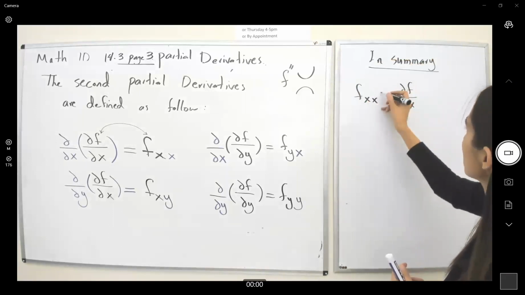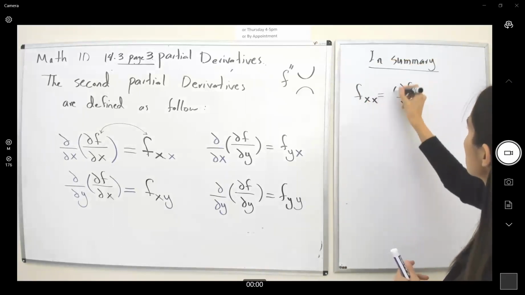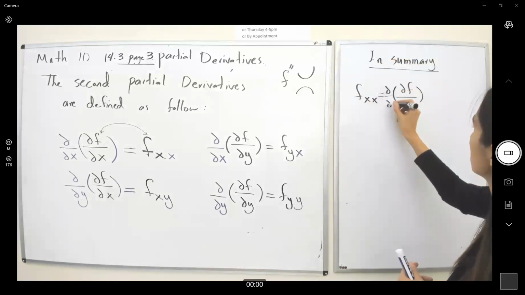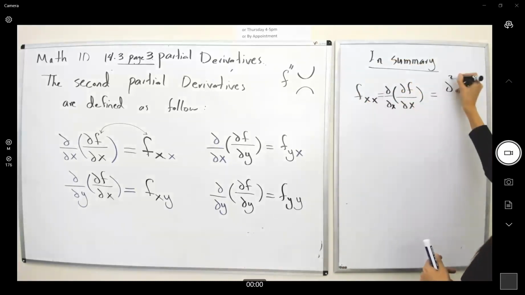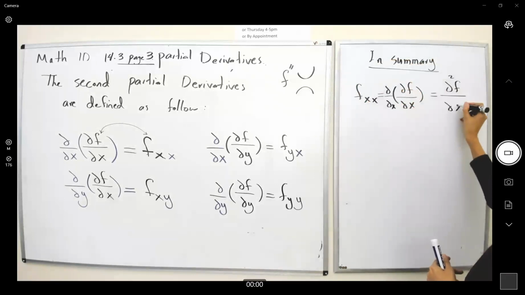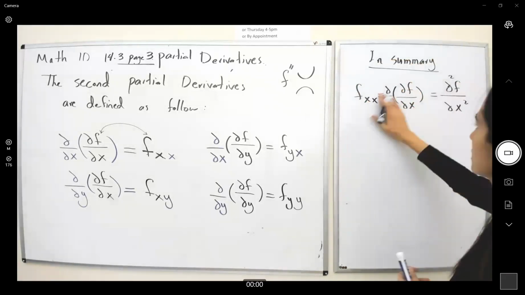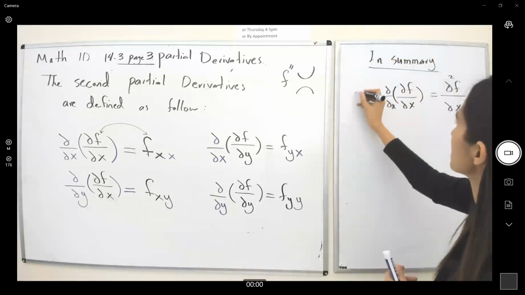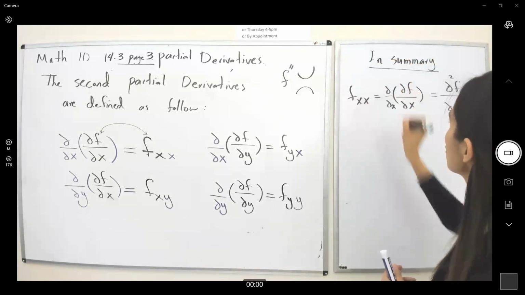Then you take the second partial derivative of f with respect to x. There we go. So these are the symbols they use to represent the second partial derivative of the function.